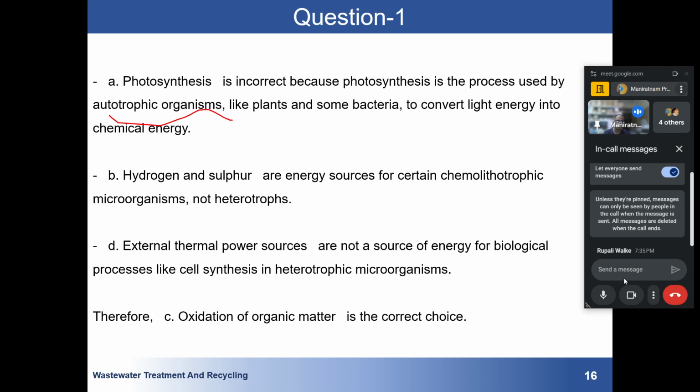External thermo-biological processes are not a source of energy in biological systems. We do not need any external source apart from light and these things. So yes, C was the correct answer: oxidation of organic matter is the correct choice.